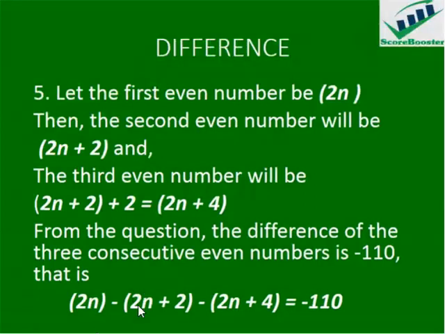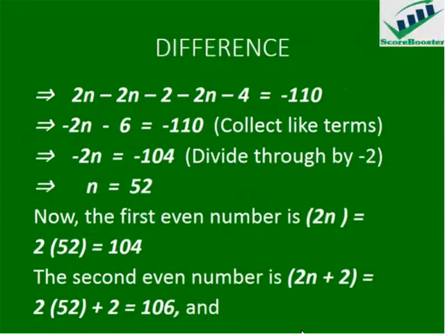Minus 1 multiplied by positive 2n, you have negative 2n, because minus multiplied by a plus will give minus. Minus 1 multiplied by plus 2 will give minus 2. Minus 1 multiplied by 2n will give minus 2n. And minus 1 multiplied by 4 will give minus 4, equals minus 110.